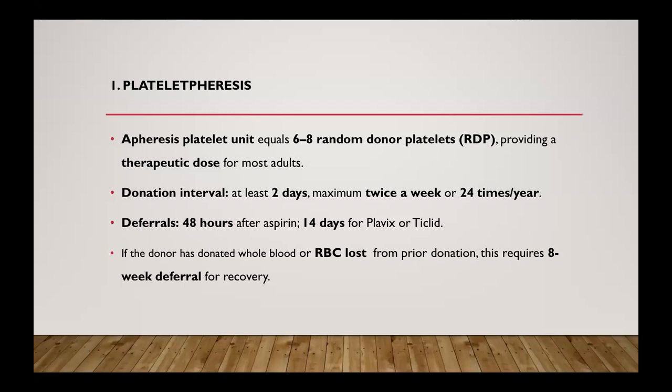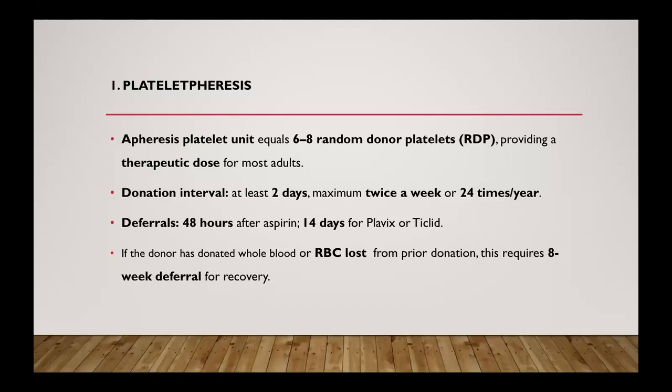At least 2 days interval, and maximum twice a week. That is for platelet apheresis. And when you want to compare it with random donor platelets, at least 6 units must be pooled together to produce one apheresis unit.